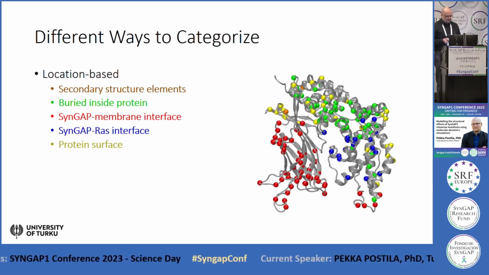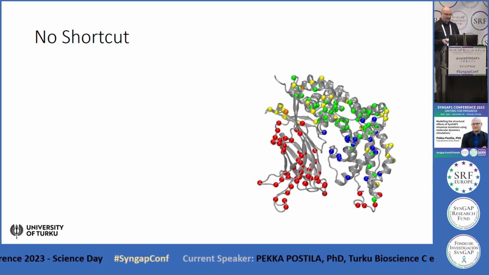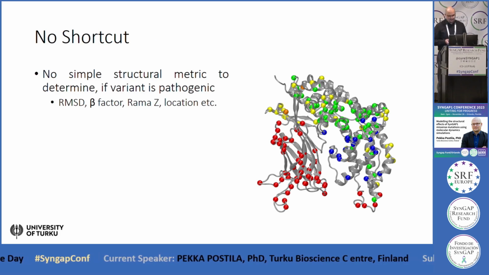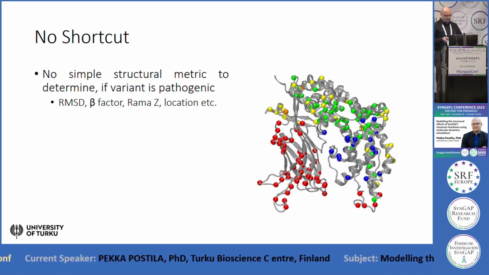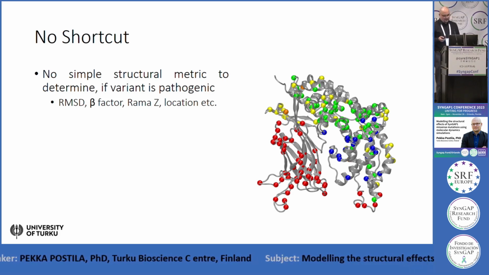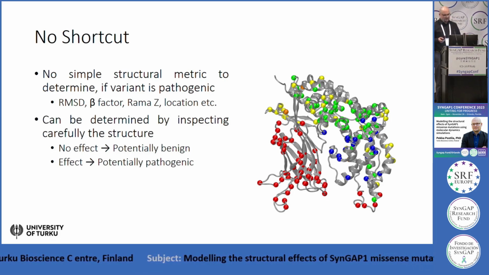GTPase. And then a bunch of these mutations are on the surface of the protein, and they could be more likely to be benign because of this, because they're not necessarily having other effects. But these categories kind of overlap. So we've tried to come up with some sort of shortcut, because there are so many of these, and when you look at the structures, we could actually see what makes sense, what would be pathogenic, what would not.